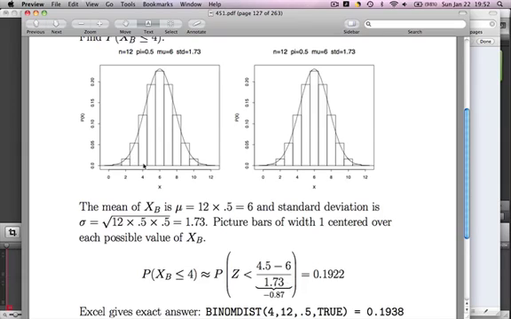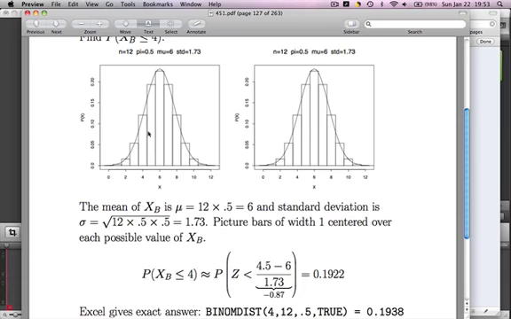Now, what you have to think about is that there's going to be a bar of width 1 centered at each number. Okay, so over the value 4, we have a bar of width 1. This bar starts at the value 3.5 and ends at the value 4.5. Likewise, this bar sitting at 3 begins at 2.5 and ends at 3.5.